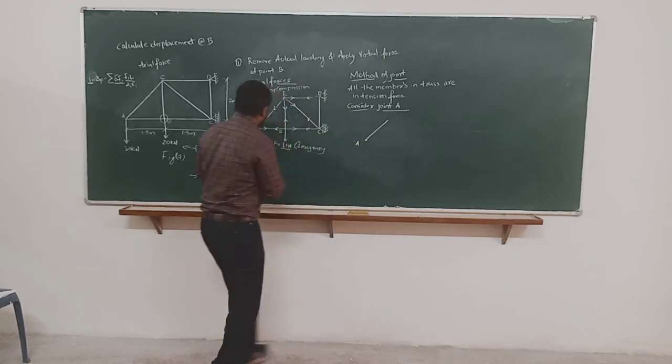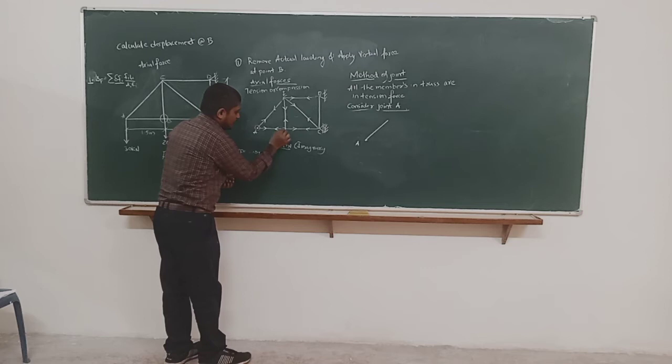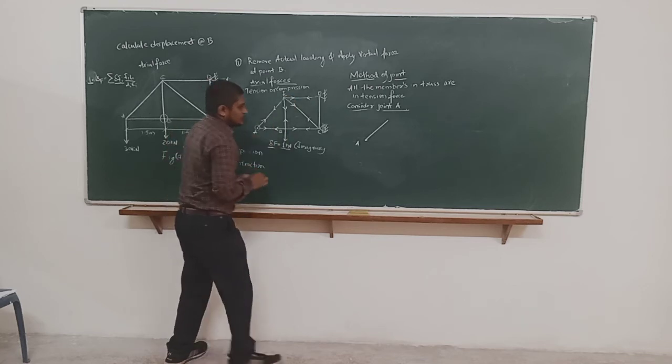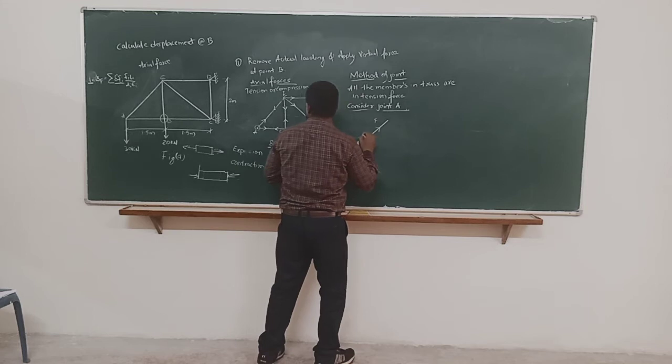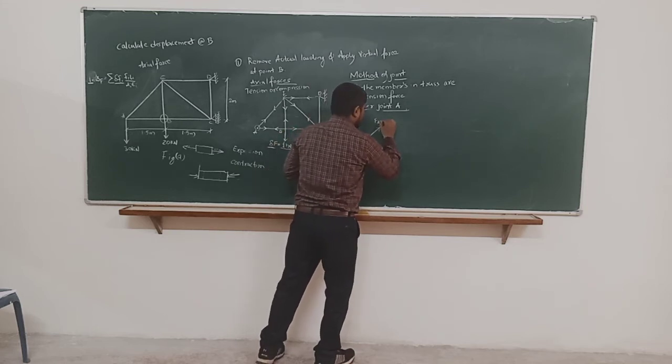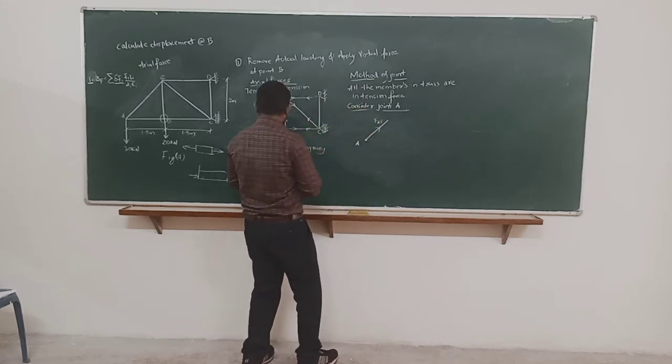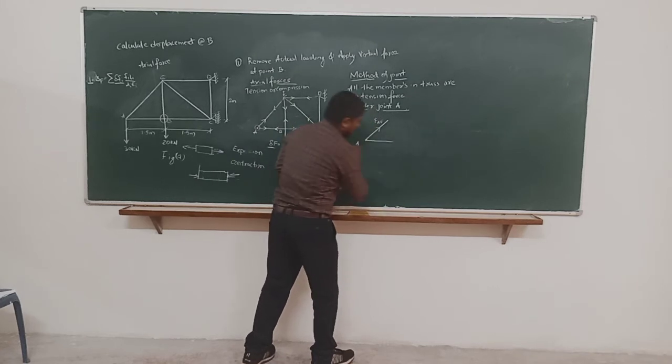So A is connected with how many members? A is connected with AB. A is connected with point B. So I can give these names as F AB, and this is also connected with this.